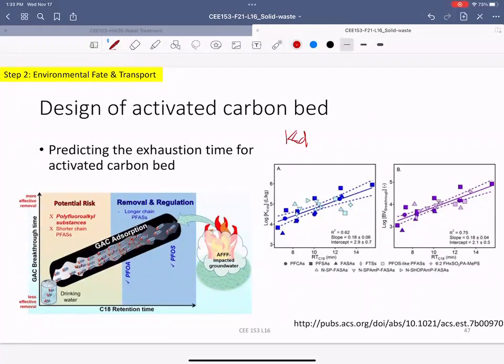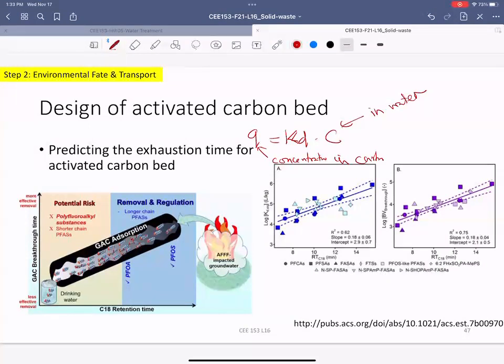KD is basically how much pollutant can stick with carbon. So concentration in carbon, then concentration of contaminant in water. You know this concept already.